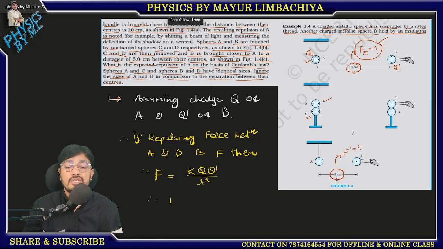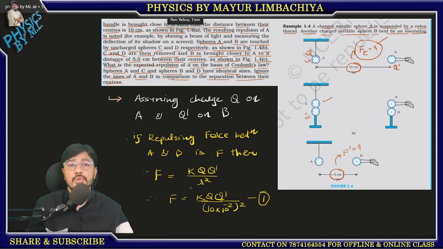Here r is given as 10 centimeters. Can I write it like this? F equals k q q dash divided by (10 into 10 raised to minus 2) whole square, because we have to convert into meters. Call this equation number 1. So this is the first case.